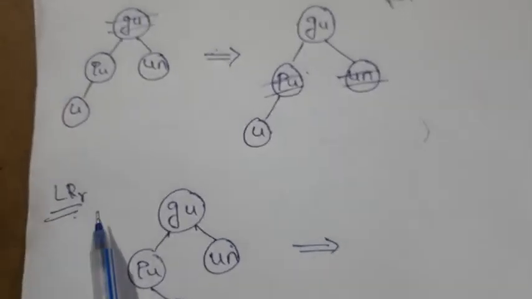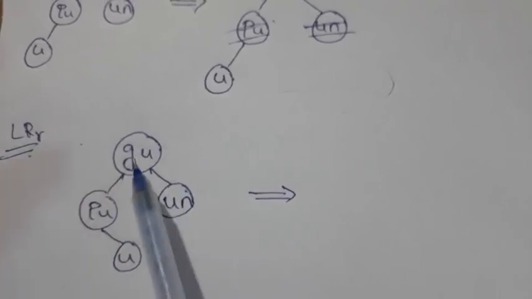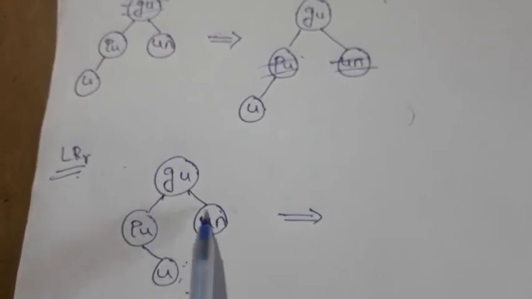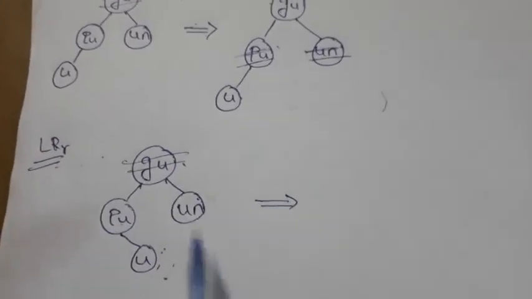Next, coming to LRR. In this case I have inserted the new node U at the left of right of GU. So from GU, this is left and right, this is LRR, because UN is in red color and this is in black color.